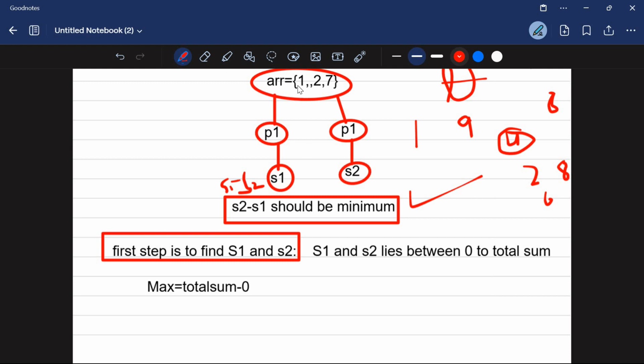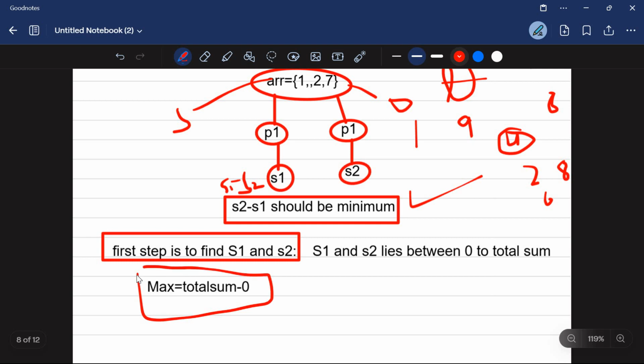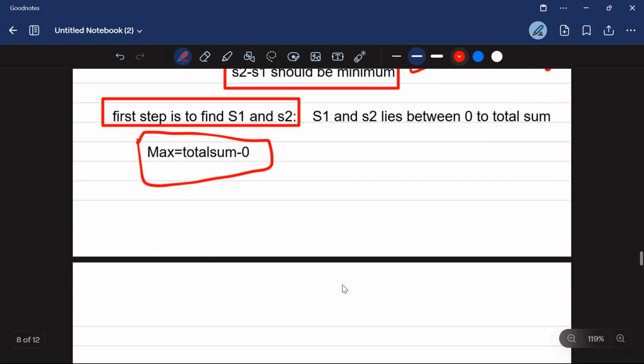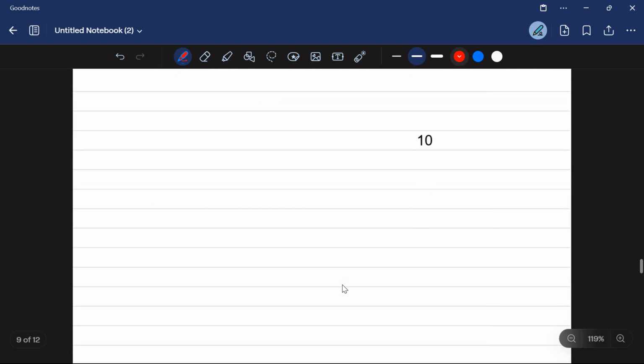We will take all the elements in S1, and on the other side we take only the null subset, nothing at all. So total sum minus 0 gives the maximum difference. Simple. I hope you understand.